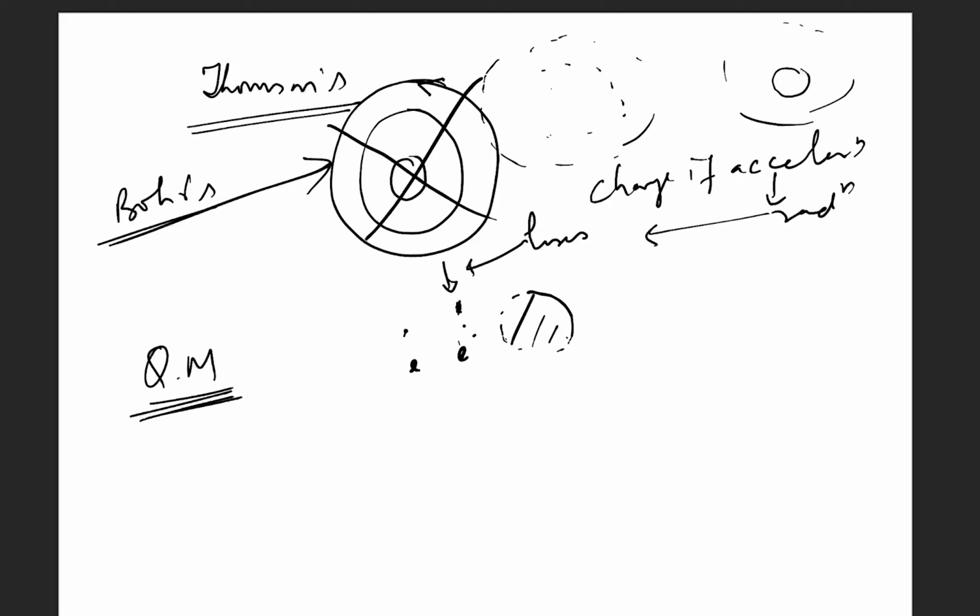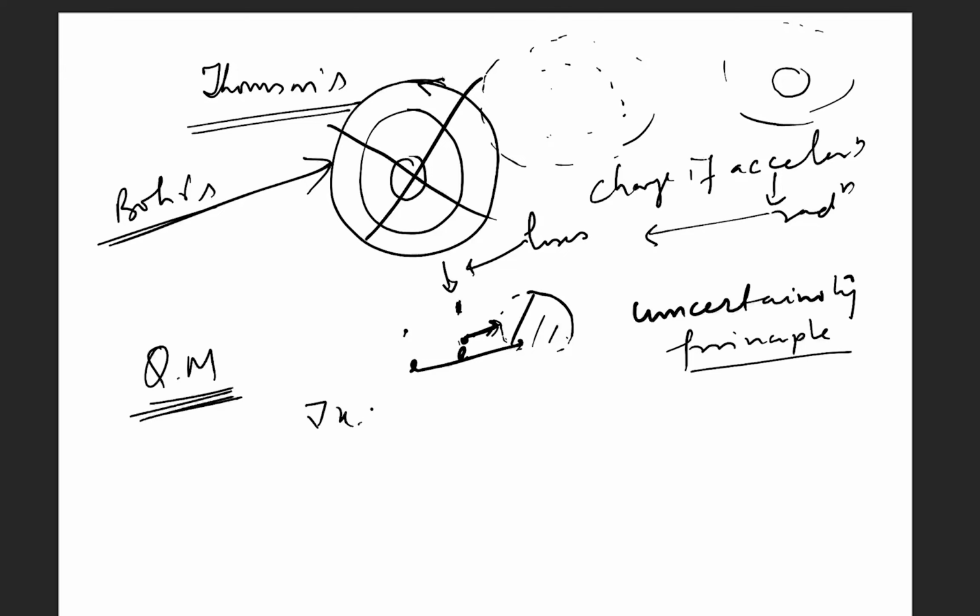And why they are not just getting attracted by the nucleus is because of the uncertainty principle, which says that if an electron goes very close to the nucleus, then we know that the position uncertainty is very small.